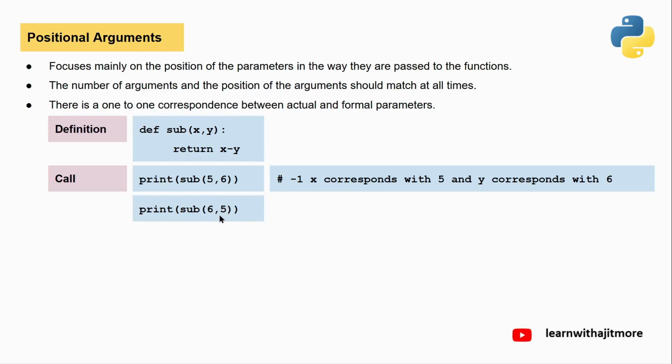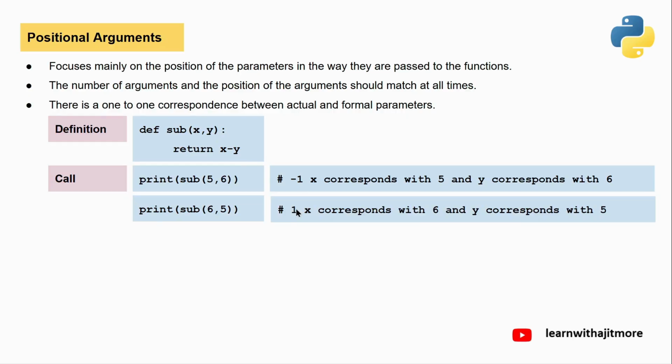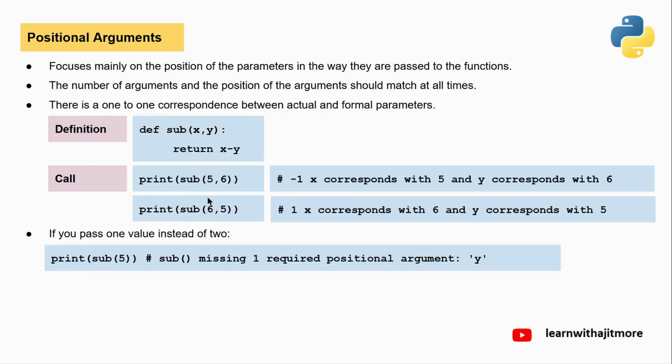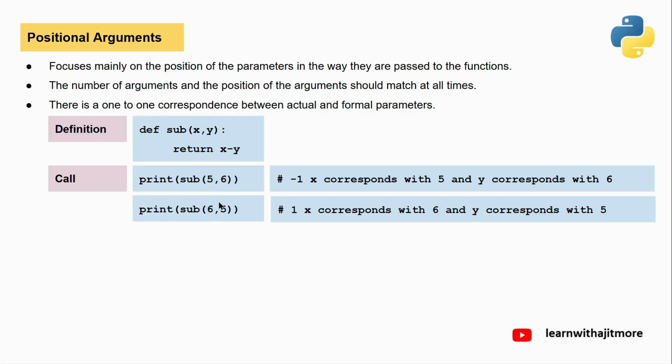And as the position is changed, the answer changes. 6 with x and 5 with y. Get it? And you get 6 minus 5, 1 as an answer. X corresponds with 6 and y corresponds with 5. So I hope you got it. Here the importance is given to the position, and if the position of the parameter changes, the answer may change.